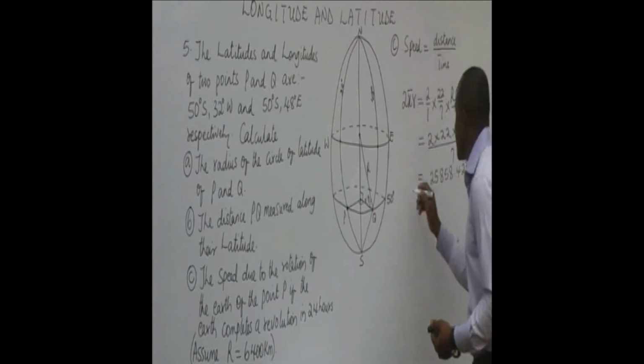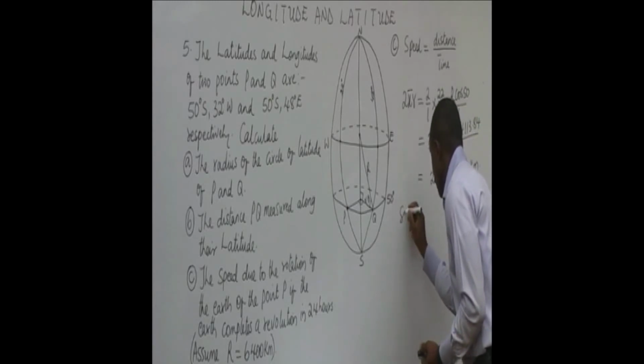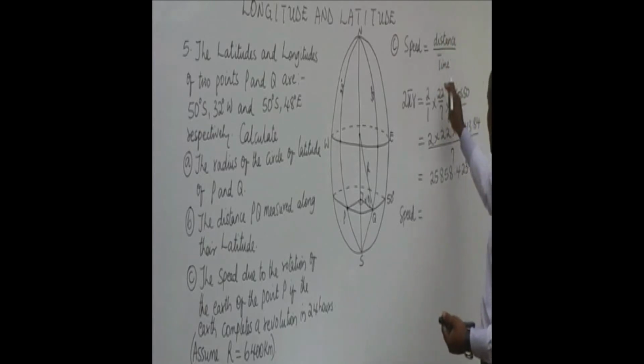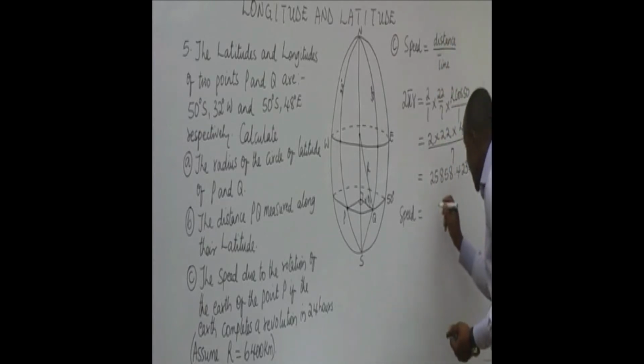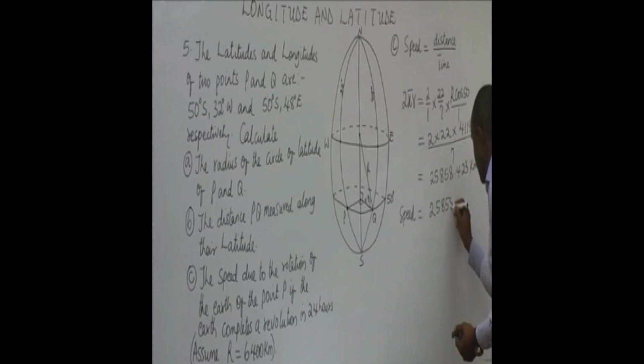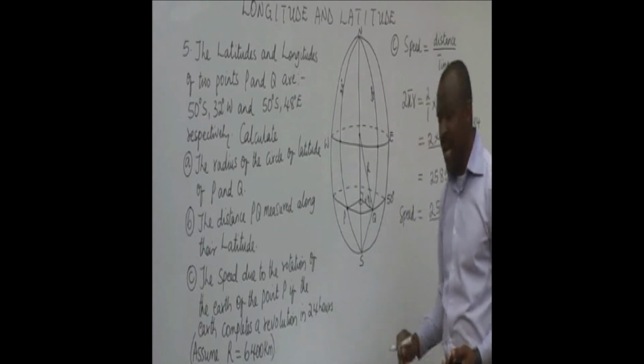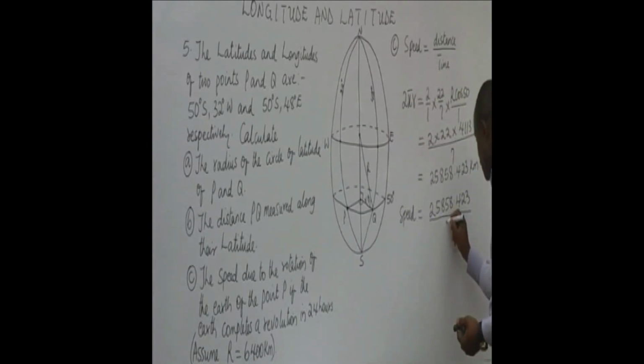Now the speed, which is distance over time, will now be this distance 25,858.423 divided by what it takes for one revolution to be made in hours, 24. So whatever you get after this arithmetic is the speed.